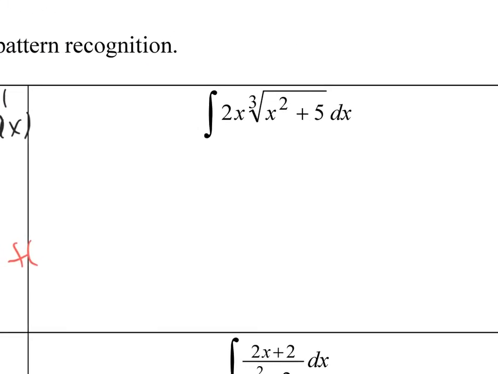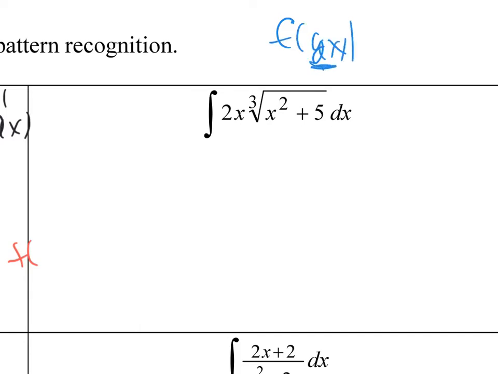Okay, pattern recognition. I'm going to change it to u and du only because that's pretty typical. I like his style of f of g of x because it does play home that it's composite functions. But I'm looking here, and I got to identify something in this problem to be u, and u always has to be the inside function.